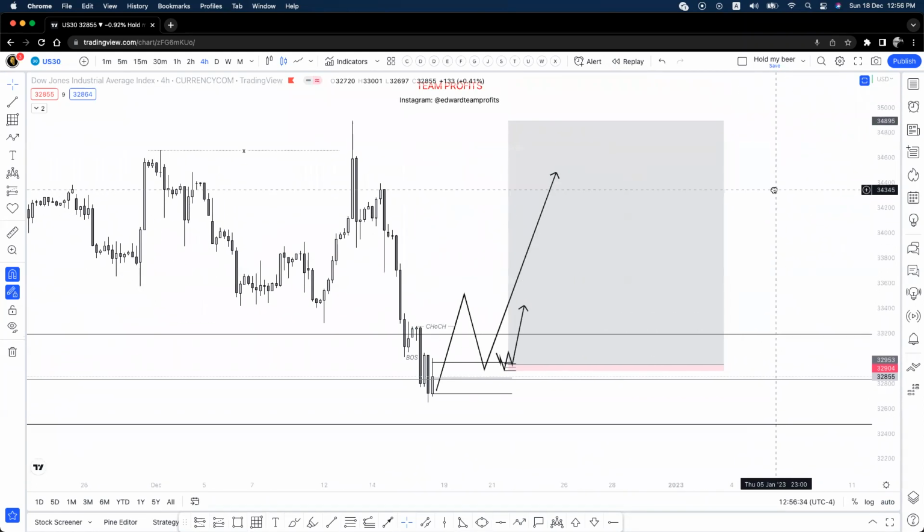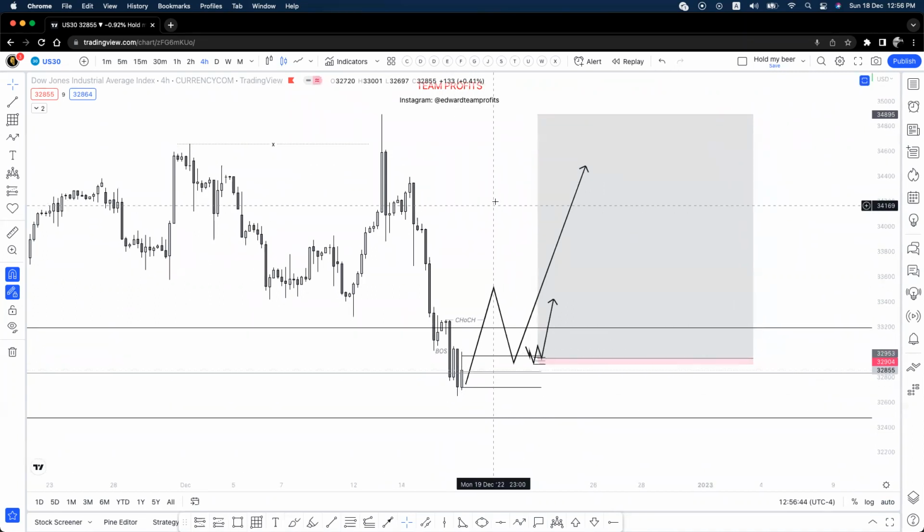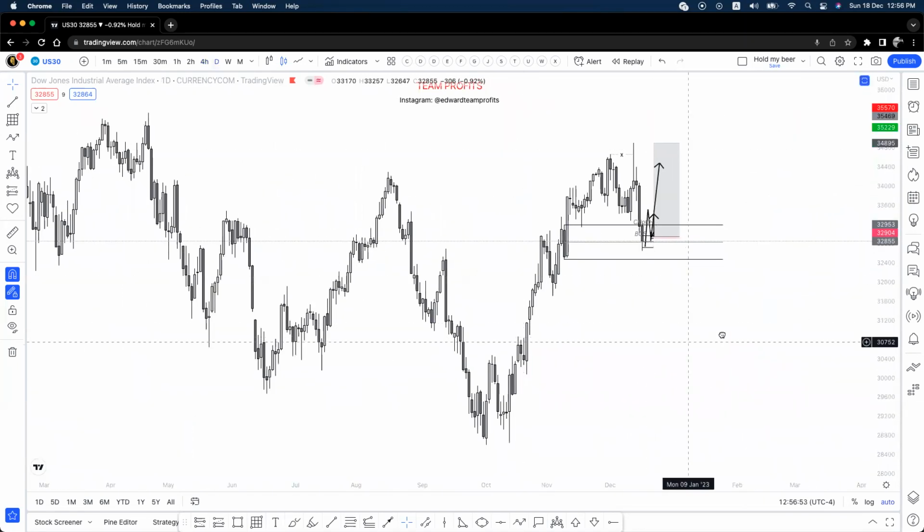Okay, so something like that could happen. All right, another thing is telling me that things may actually continue bearish, continue dropping this next week. And I don't know, I just have to wait and see because I'm not a wizard, right?